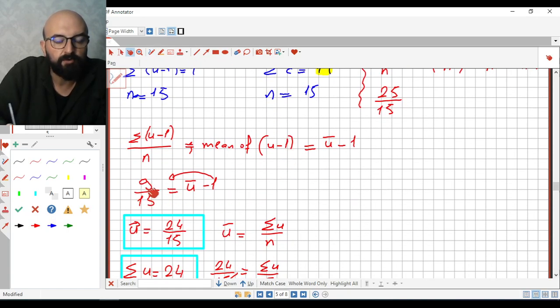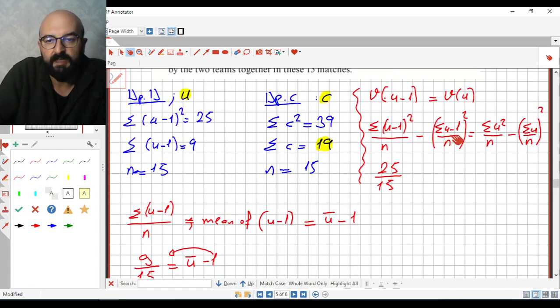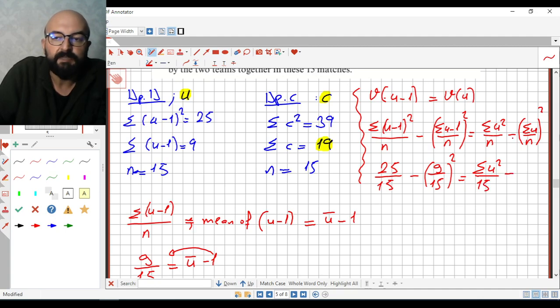We found the mean of u minus 1, 9 over 15. So we can write 9 over 15 instead of these. So 9 over 15 squared, and the sum of u square over 15 minus the mean of u squared.